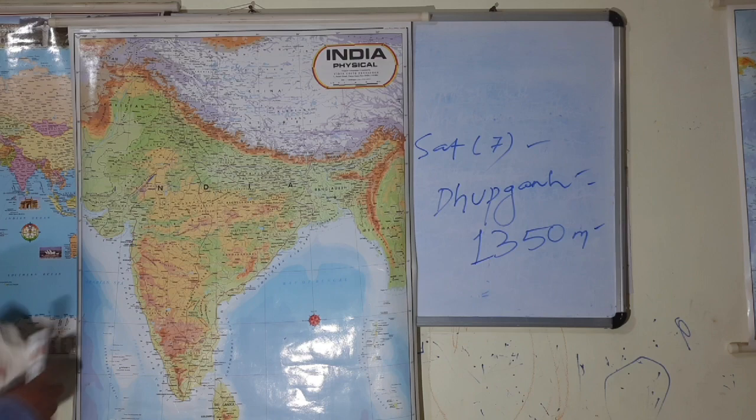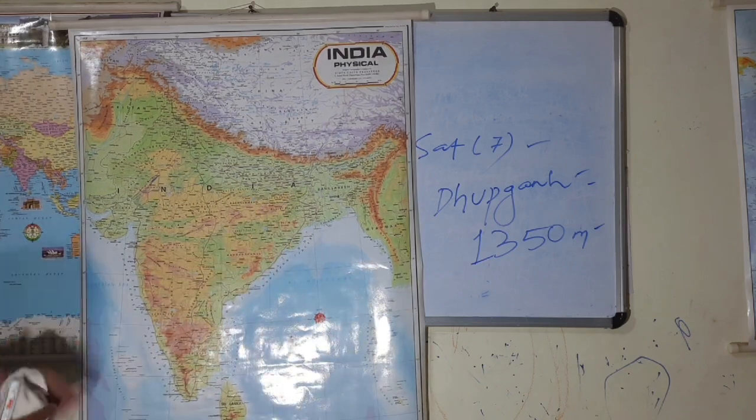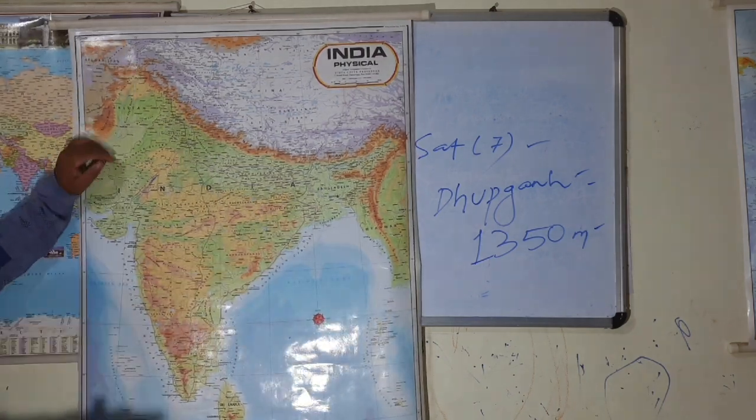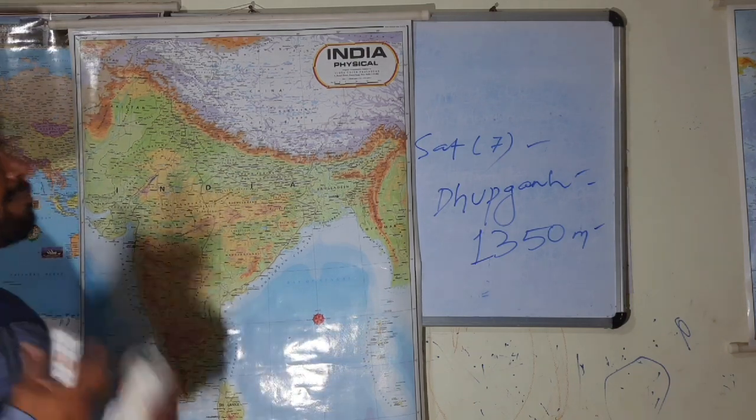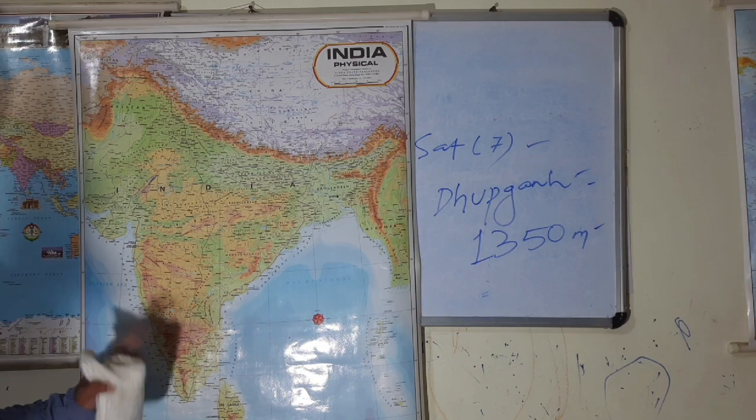Let me tell you first of all about the peninsular plateaus. It is a tableland composed of old crystalline, igneous and metamorphic rock.